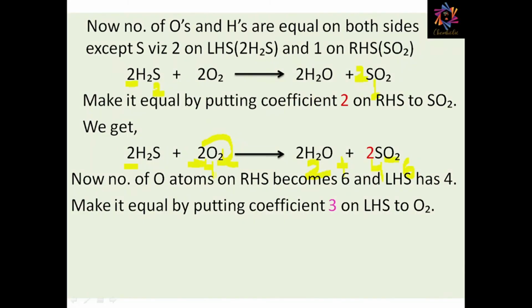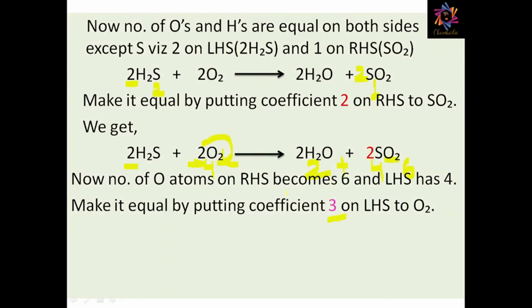When it gets multiplied with this subscript 2, it becomes equal to 6. So it will be balanced.